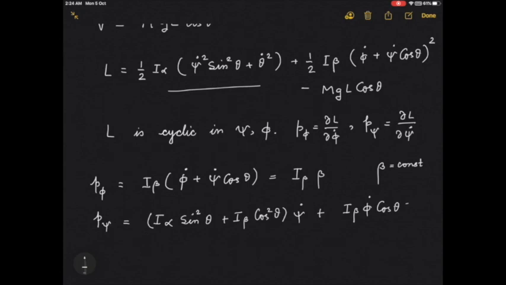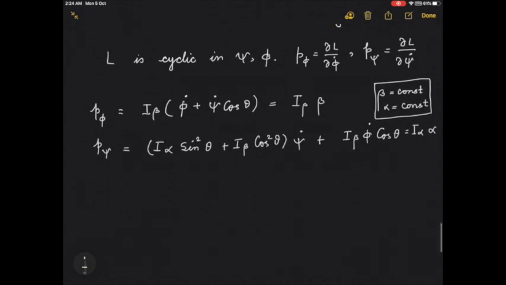This I call I alpha times alpha. So alpha is also constant. So what I do now is I have these two equations of phi dot and psi dot.